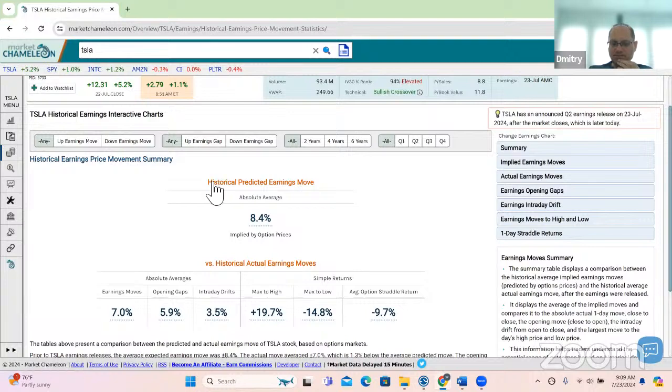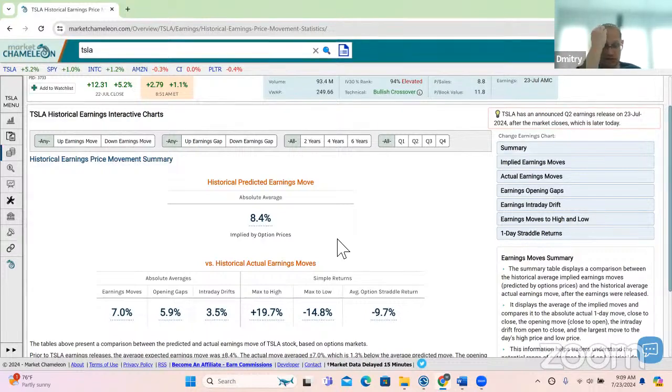And here we look at the historical average implied move prior to the earnings release. This is coming from the options straddle.